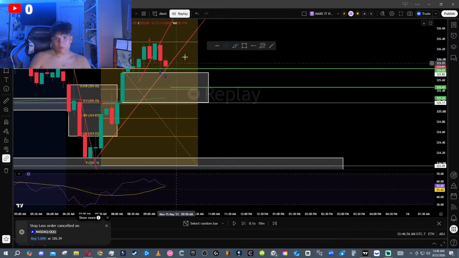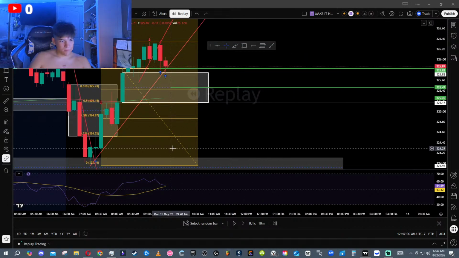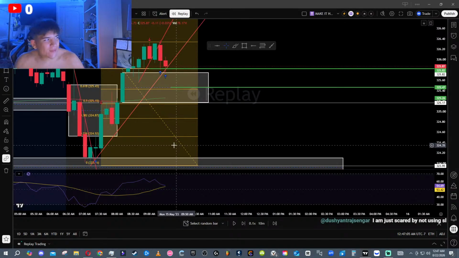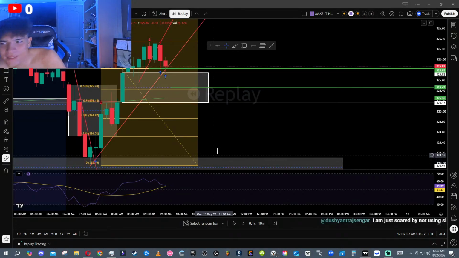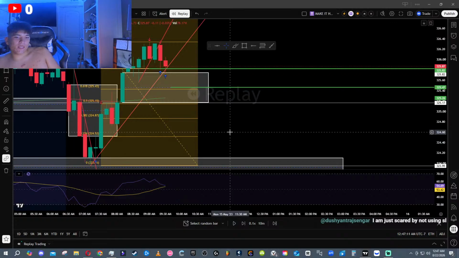Let price move and move down. I know. Not using stop loss. It's like low key risky, cause stop loss is like what you need.